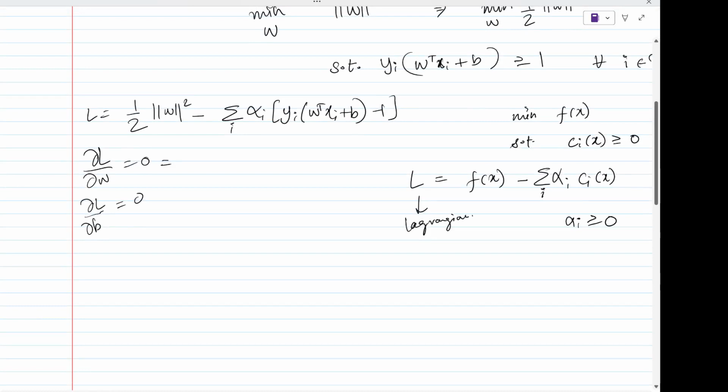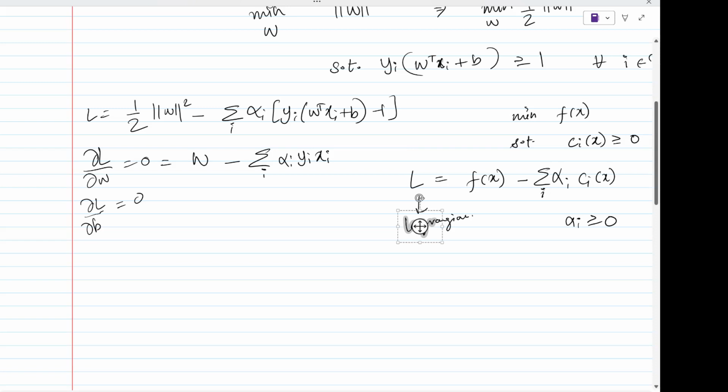So what you will get is W minus summation alpha I yi xi. I took the partial derivative with respect to W.